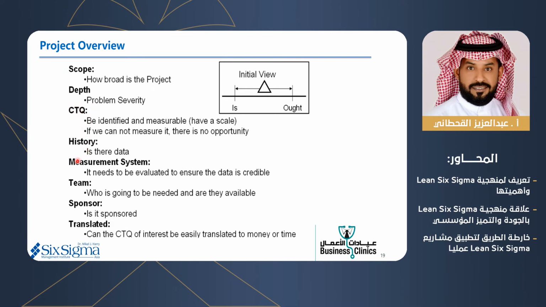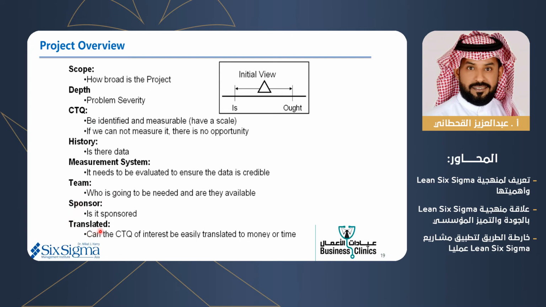Verify the history. Is there any data? You have to collect it. The measurement system: you have to assure that your data is accurate and normal without any defect. A team has to be selected from the department or the organization, and they will be assigned to focus on solving the problem. The sponsor, the leadership, has to be there to support the execution.